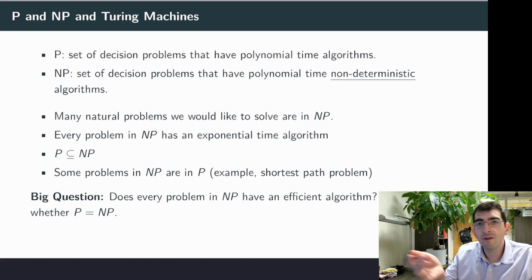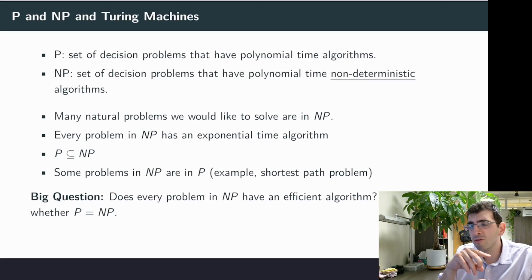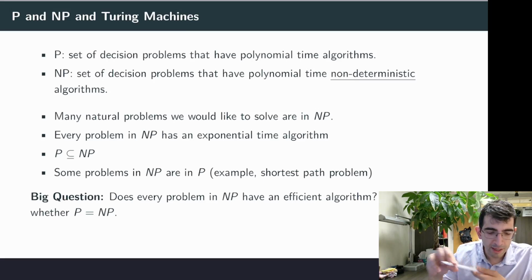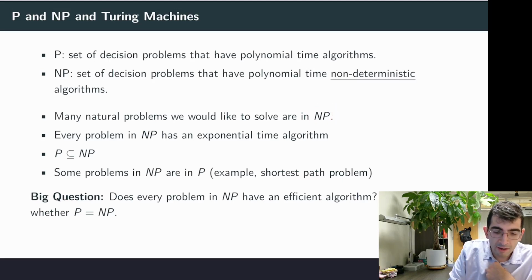For package delivery, UPS would love to be able to solve the routing of its trucks more efficiently, so that it could plan a route that visits all houses in the shortest amount of time possible. That would be huge for UPS, but it's actually an incredibly hard problem. And we know that problem is in NP. And we know the problems that are in NP but aren't in P don't have any known polynomial time algorithms.